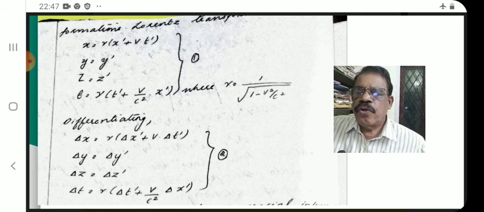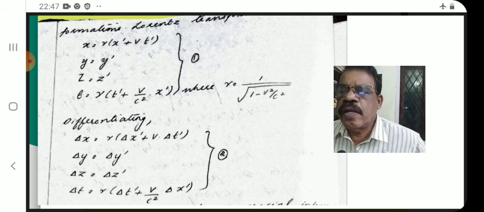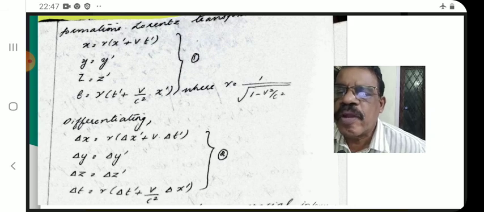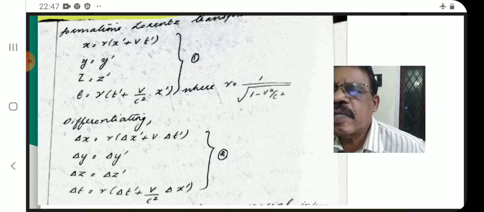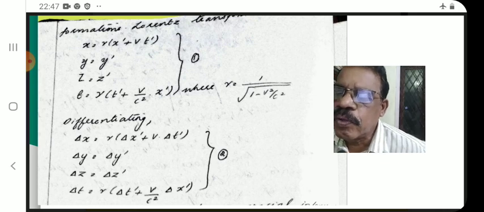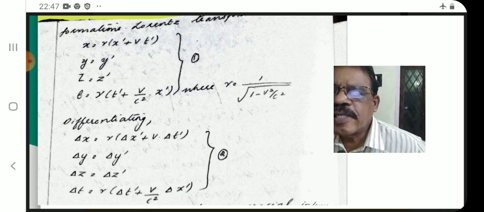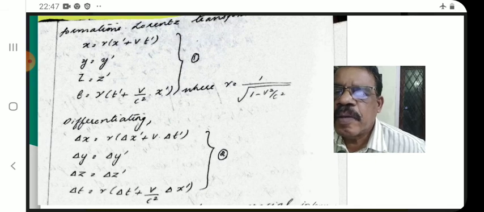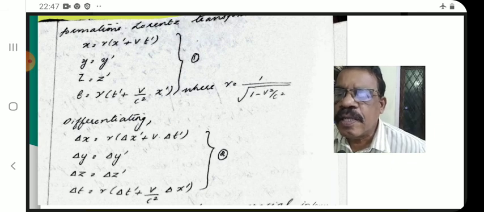Differentiating equations 1, 2, 3 and 4 given above, we write delta x is equal to gamma into delta x dash plus v into delta t dash. Delta y is equal to delta y dash. Delta z is equal to delta z dash.